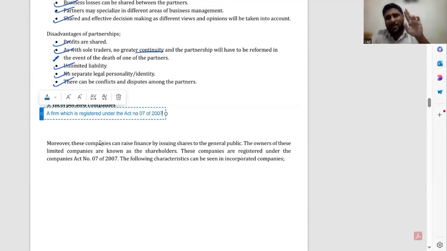What's the difference between an Act and an Ordinance? Act is the word that we use after independence. Ordinance is the word we used before independence. Just for your extra knowledge. Ordinance is the word that we use for an act before independence. Act is the word that we use after independence.